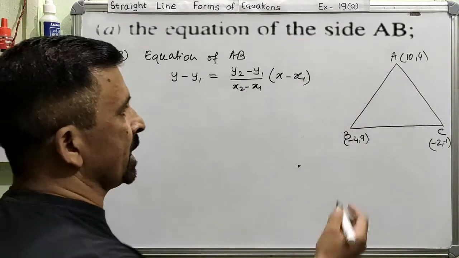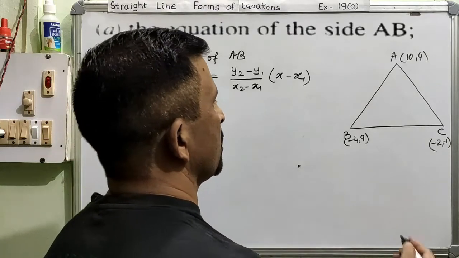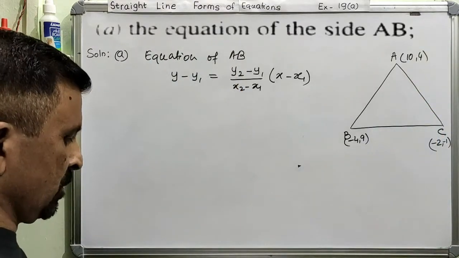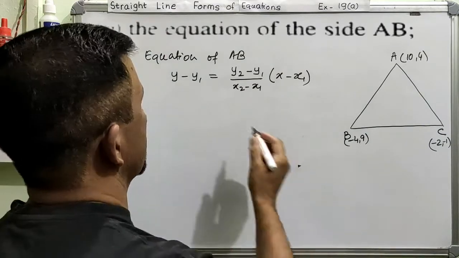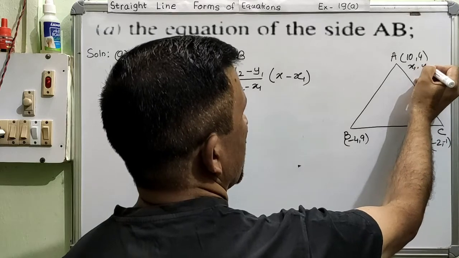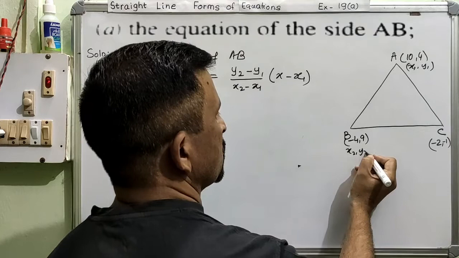We can assume one of the coordinates as x1, y1. Suppose we assume this as x1, y1, and this as x2, y2.